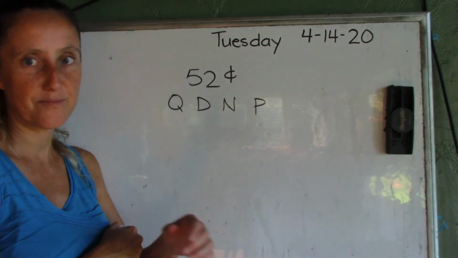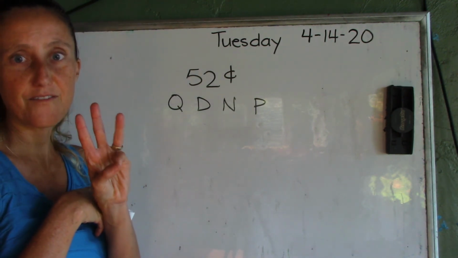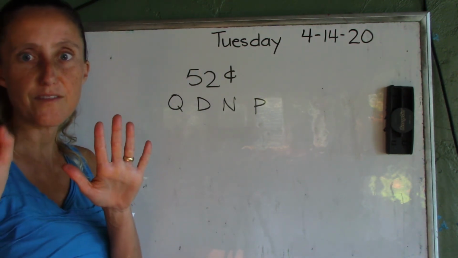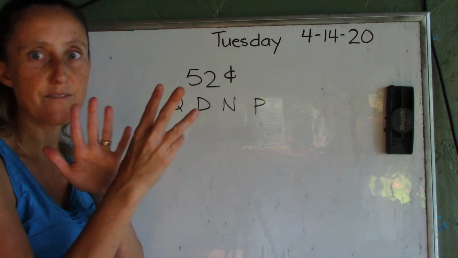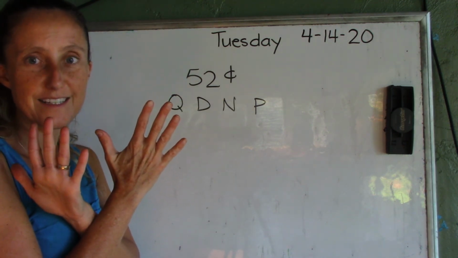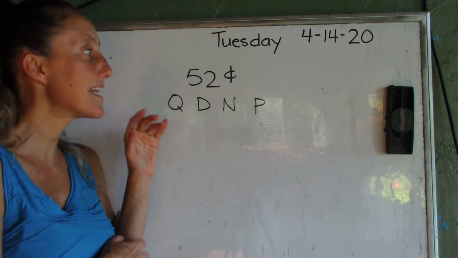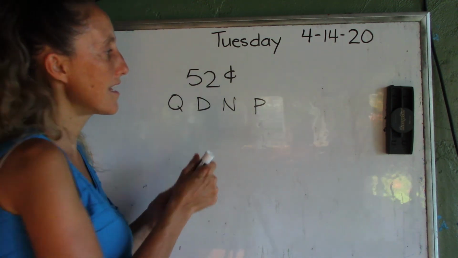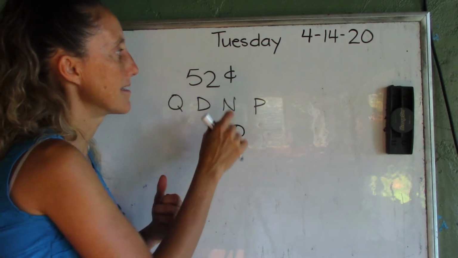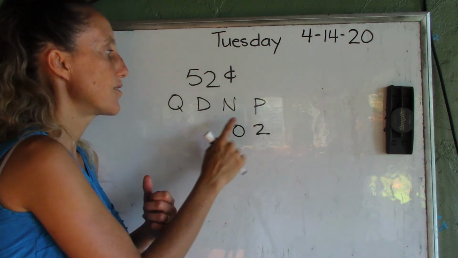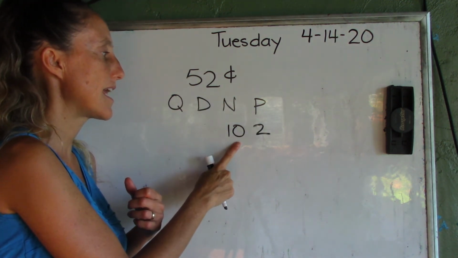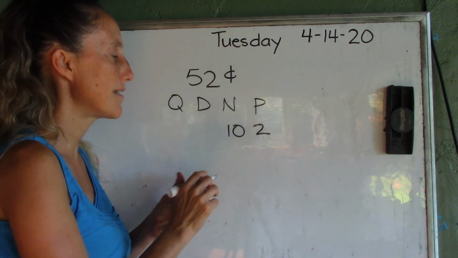There we go. 5, 10, 15, 20, 25, 30, 35, 40, 45, 50. I would need 10 nickels. 10 nickels. How many pennies? 2. So to make 52 cents, I could also have 10 nickels and 2 pennies.